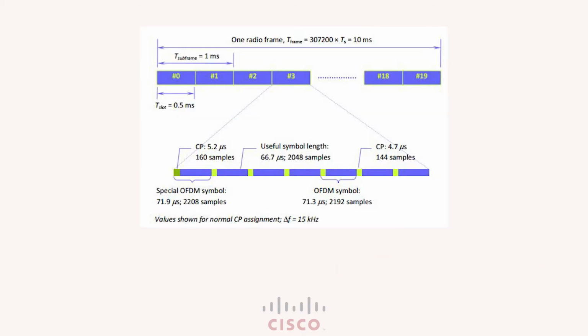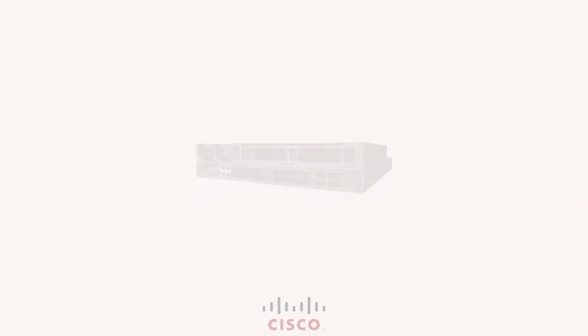So time allocated for each OFDM symbol is equal to 66.67 microsecond. Now that number, 66.67 microsecond, is important and let's keep a note of it.